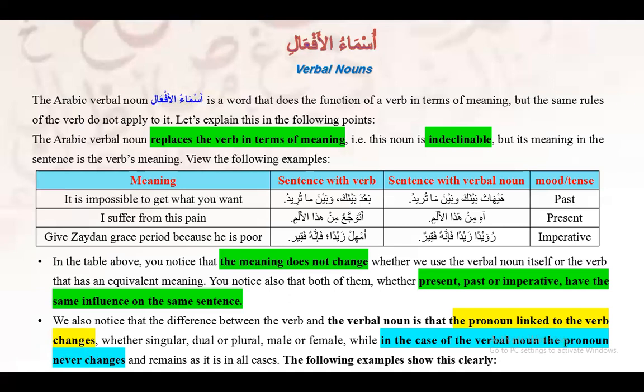In the case of the verbal noun, the pronoun never changes, but in the case of the verb, the pronoun will change.